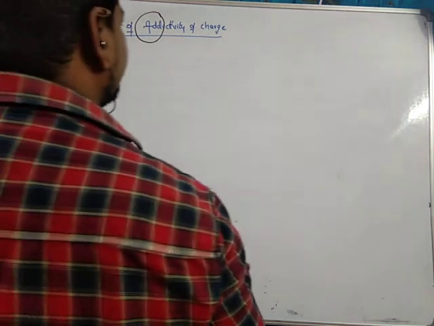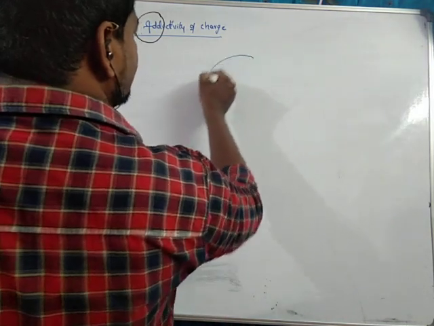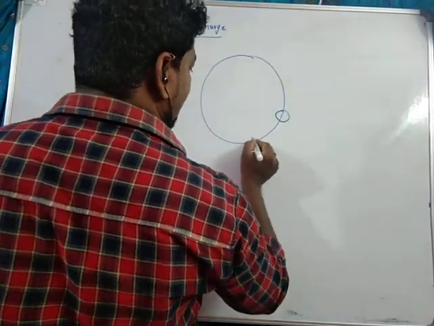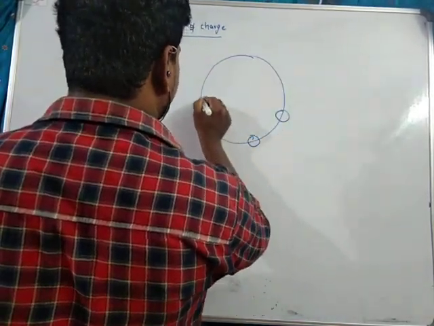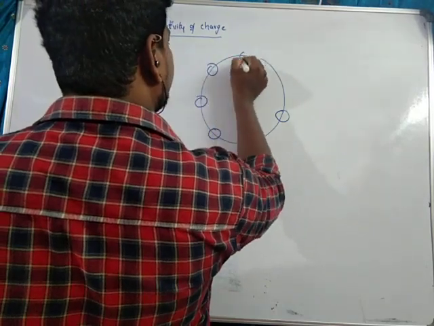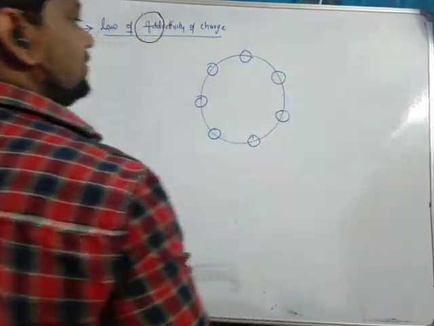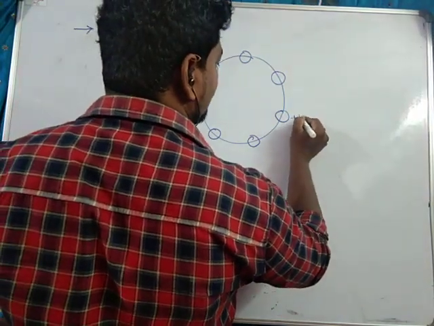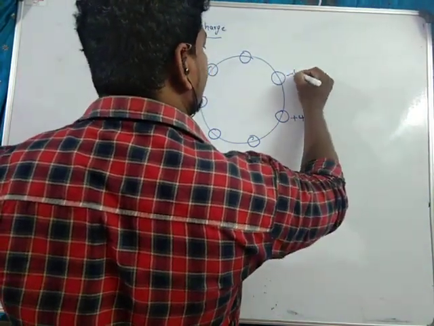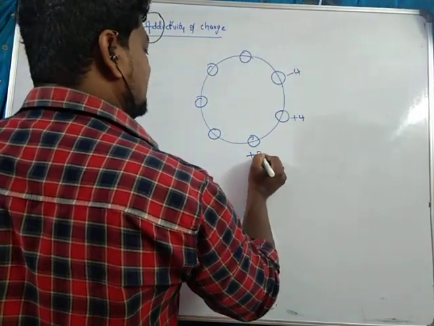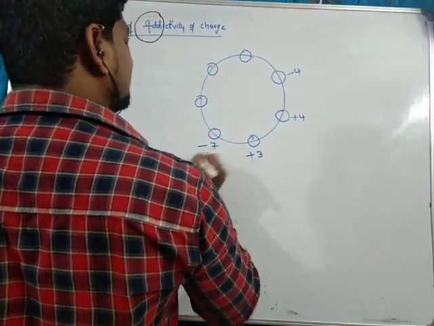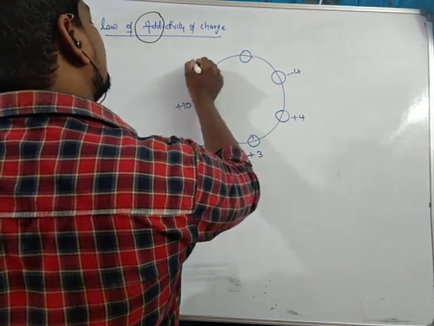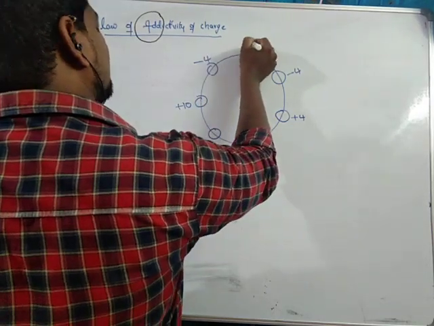For example, we consider one atom. Here we have some different charges. Suppose we have plus 4, minus 4, plus 3, minus 7, plus 10, minus 4, plus 3.